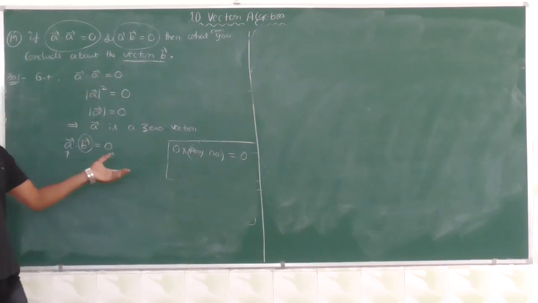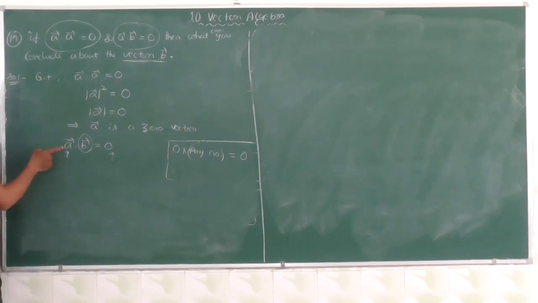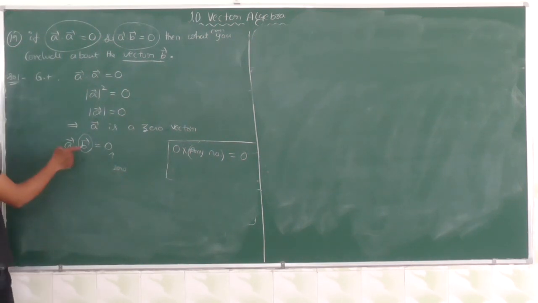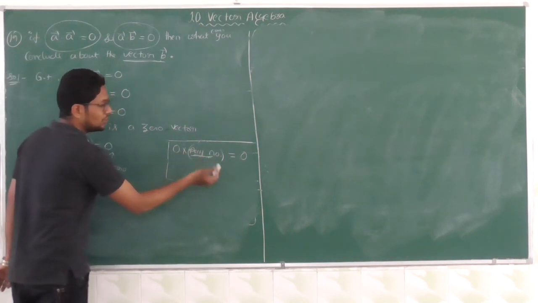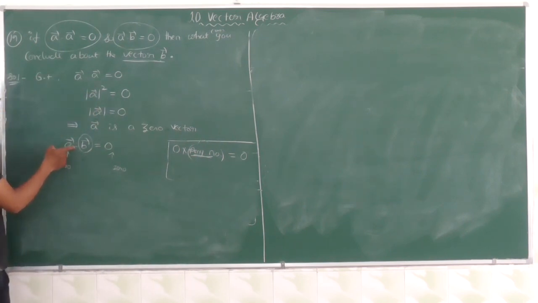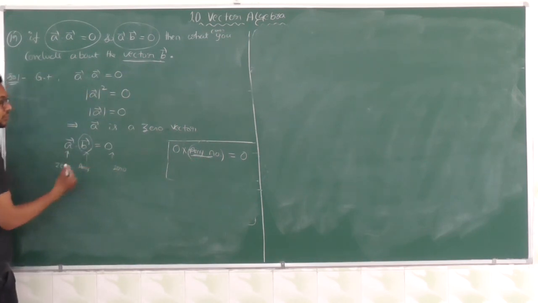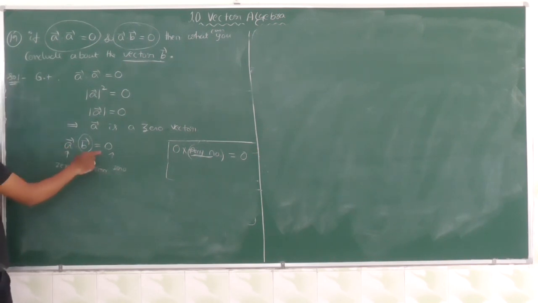Now let us come to the vectors. A vector is a zero vector. Here we have 0. Then what about B? What can you conclude? 0 into any number is 0. Then 0 dot any vector equals 0.